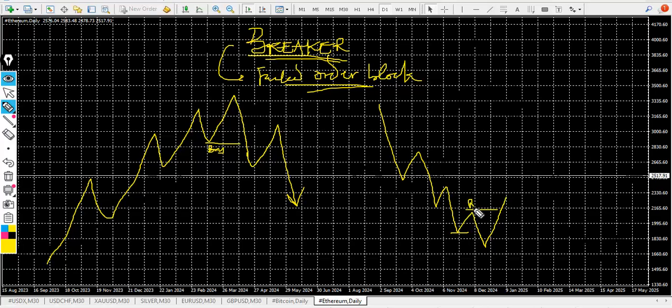You can hear what I'm saying very well. The last bullish candle before this push to the downside, if it is broken, then we have a breaker. The price will go up. The last bearish candle here before the push up, if it is broken, then you have a breaker also.